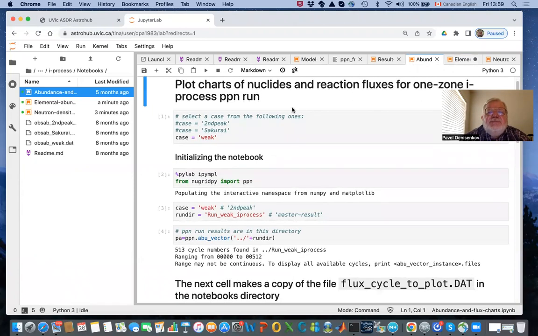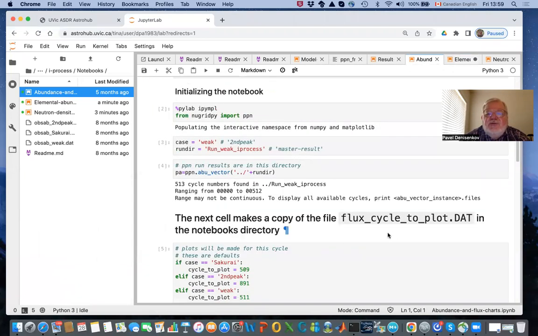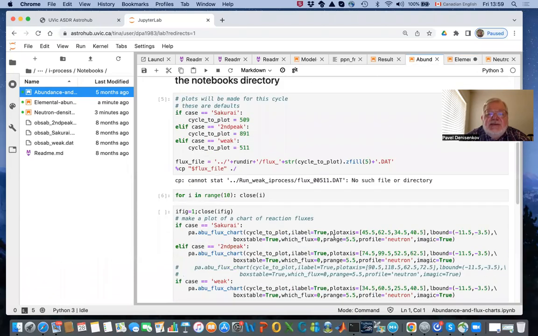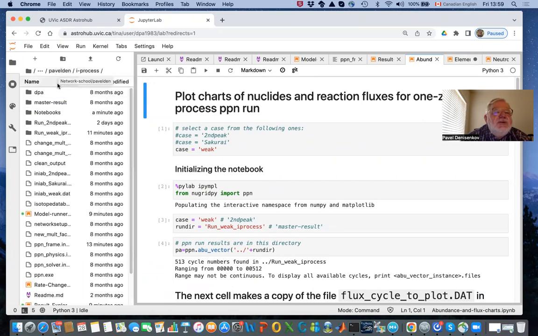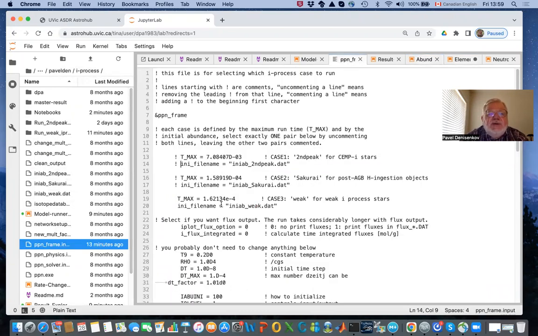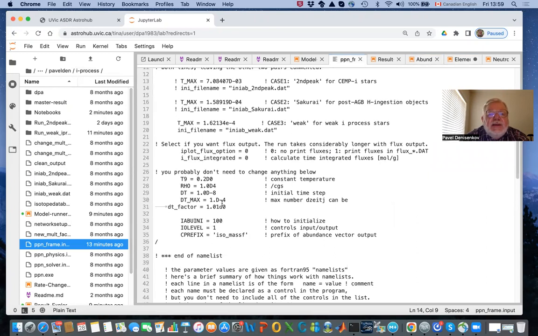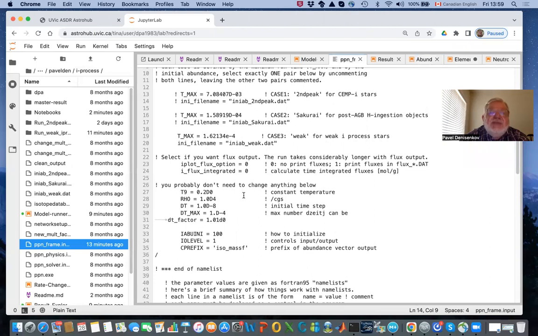Okay. Right. The third notebook here, I skipped it because it says that in order to make the plot of reaction rate fluxes, this is a very useful plot, you actually need to do computations with one option included. Let me just show you at the end of our meeting today. If I go back to iProcess, and if I go to PPN frame input file, so in order to make reaction rate flux plots, you will have in PPN frame input file to change this iPlot flux option from 0 to 1.